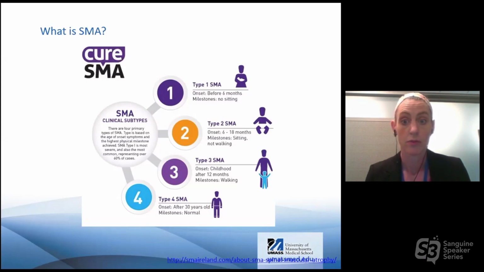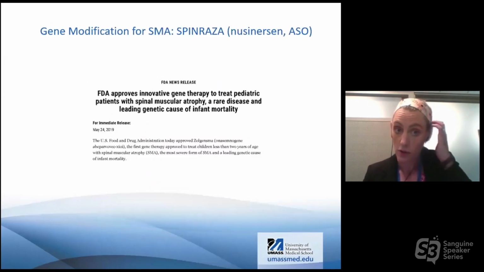Babies are before 6 months and they don't achieve any developmental milestones. They don't sit up, nothing. Type 2 is they do achieve sitting, but not walking. And then there's a progressive decline. Type 3 is childhood, so they achieve walking. And then there's a type 4, which is on a later onset.